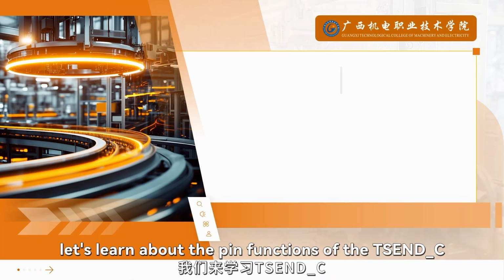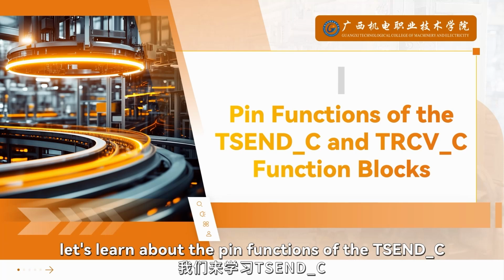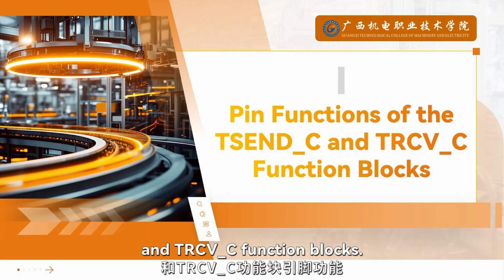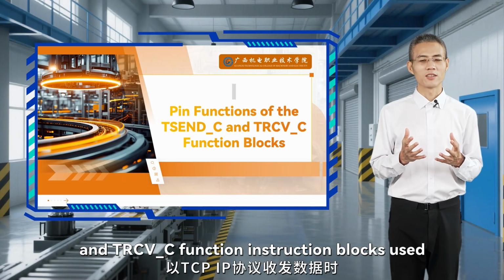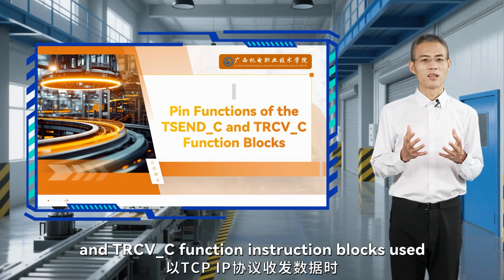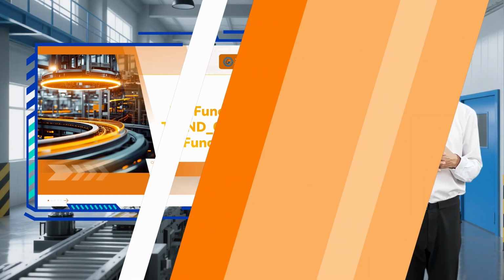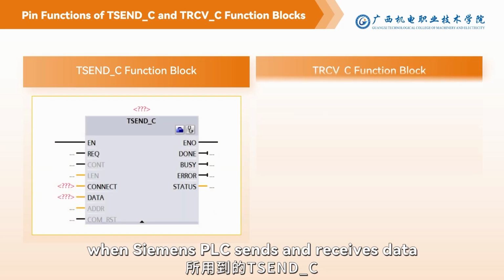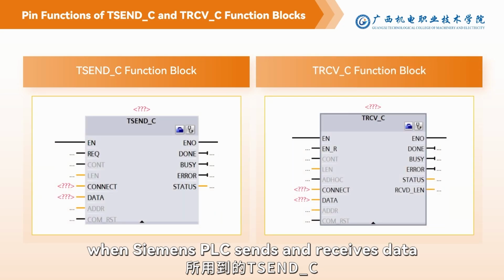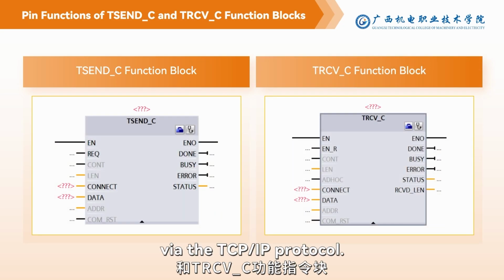First, let's learn about the pin functions of the TSEND and the TRCV function blocks. In this lesson, we'll focus on the TSEND and TRCV function instruction blocks used when a Siemens PLC sends and receives data via the TCP/IP protocol.